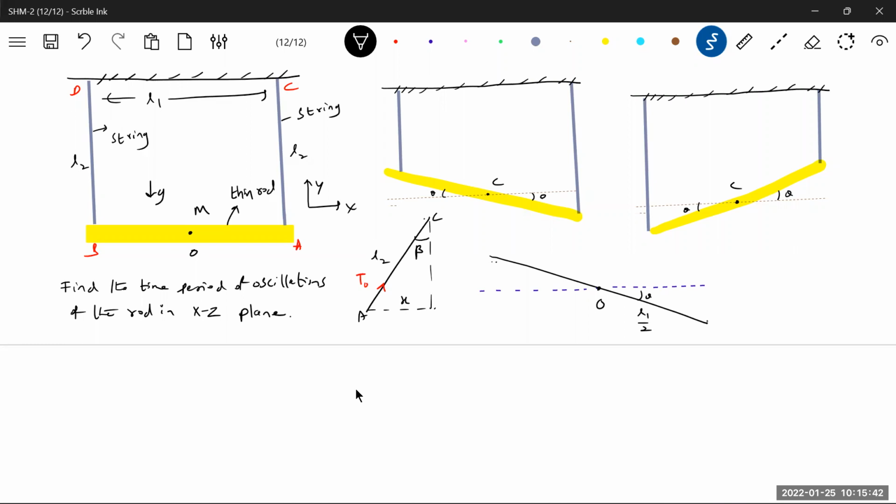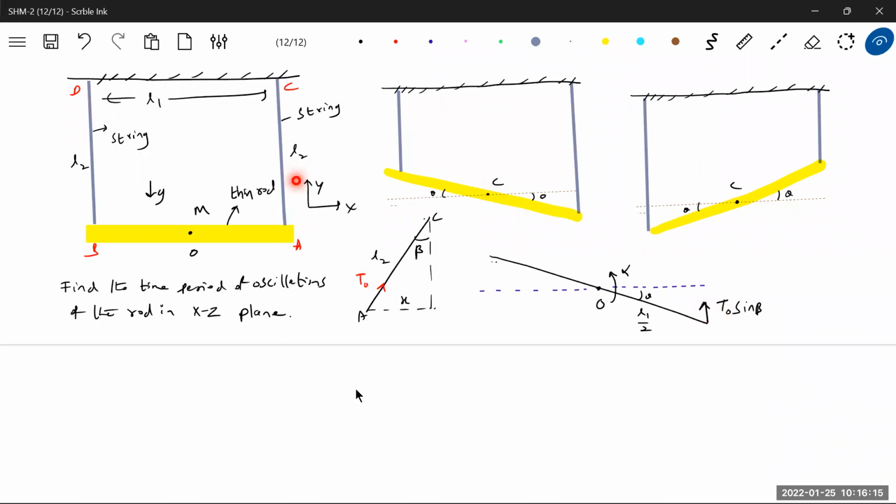This will be L1 by 2. How will the component of tension act? One component of tension will act here: T naught sine beta, and this is alpha. T naught cos beta will act vertically. T naught sine beta will act in this direction. So this will set up a restoring torque.